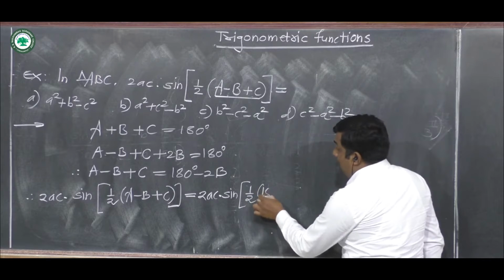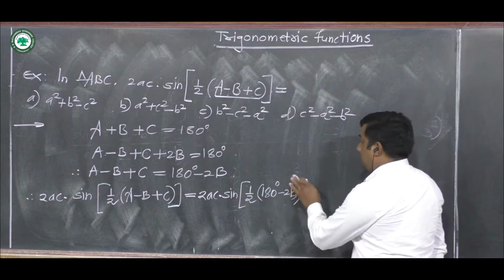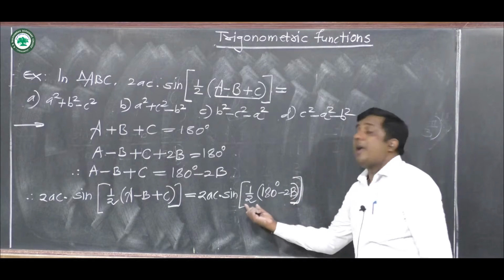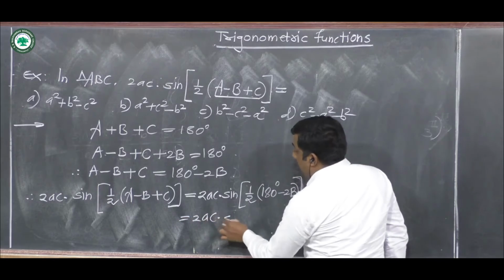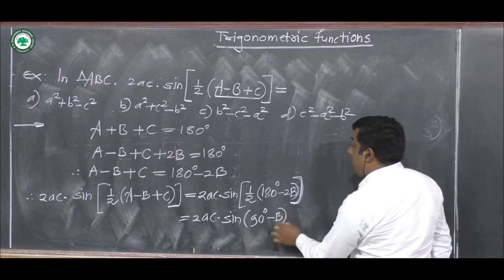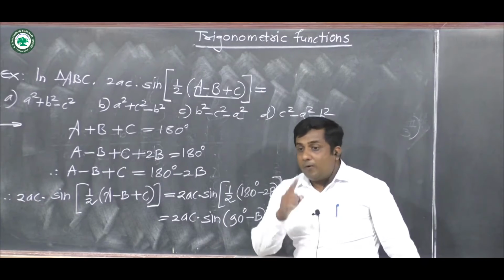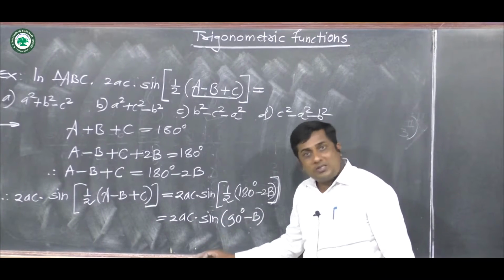Here is 180 degree minus 2B. Now we divide this bracket by 2. If we divide, here we get twice AC into sine of 90 degree minus B. We know 90 minus B is in first quadrant. In first quadrant, the sign is always positive.